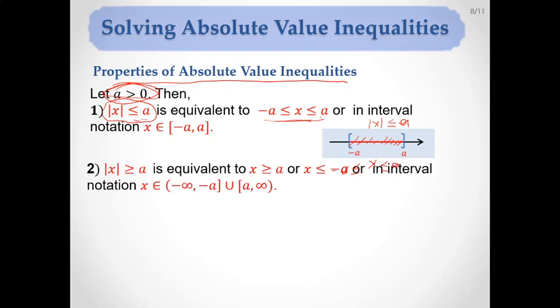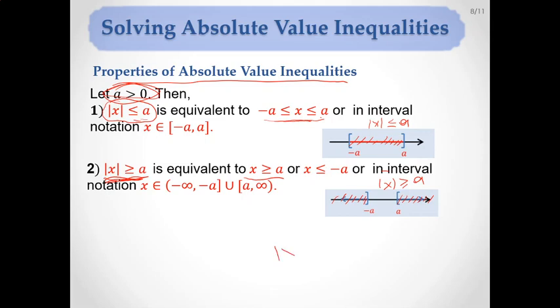Now, when it comes to bigger than, it's x bigger than or equal to a, or x less than or equal to minus a. So we have this case. When we say absolute value of x is bigger than a, we take this part, or we take this part.